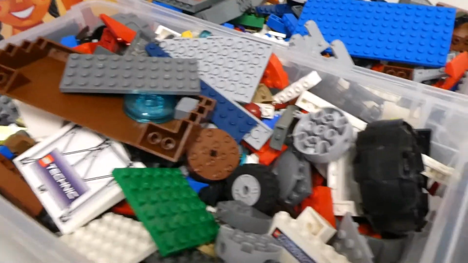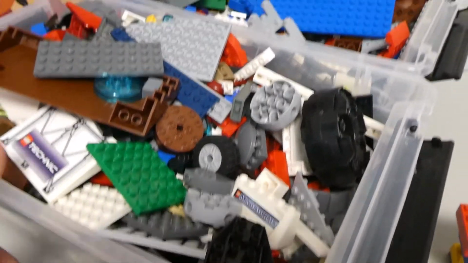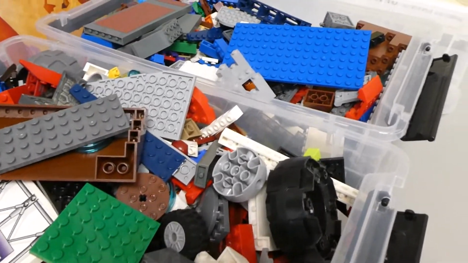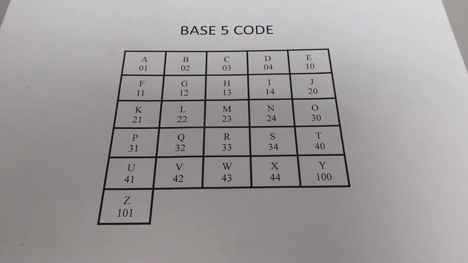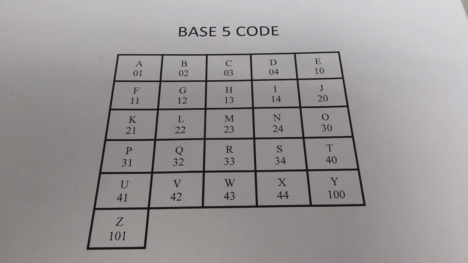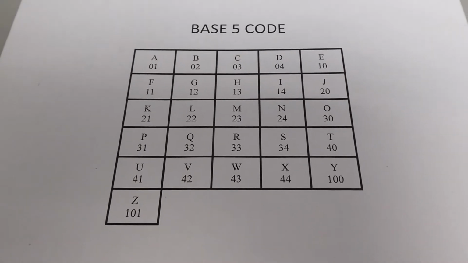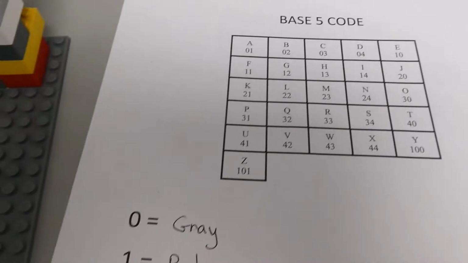Okay, just to prove that you can use anything with these codes, I saw these bins of Legos and I thought, oh, I can use Legos to make a coded message. So with these, I decided to use a base 5 code. Now, the thing about base 5 is most of the letters use 2 digits, but Y and Z use 3, so you have to figure out a way to tell which is a letter.